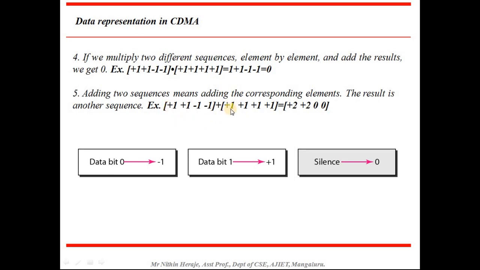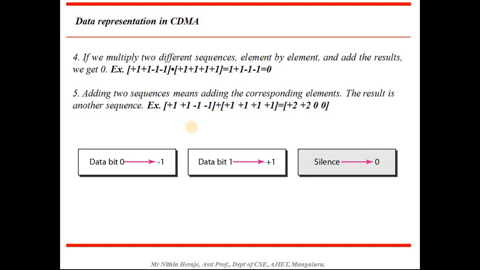So +1 and +1 you get +2. The second element, +1 and +1, you get +2. Third element -1 and third element +1, you get 0. Fourth element -1 and fourth element +1, you get 0. So we have used +1, -1 and 0.